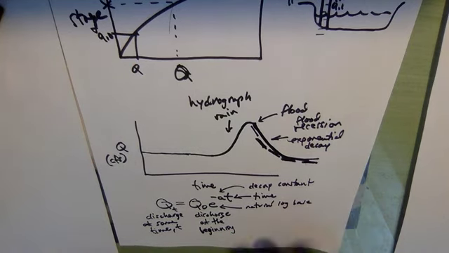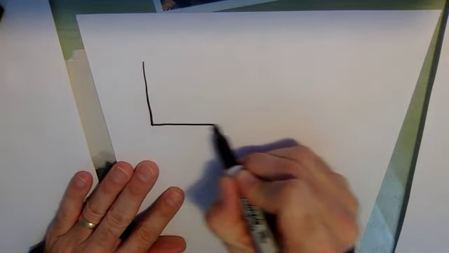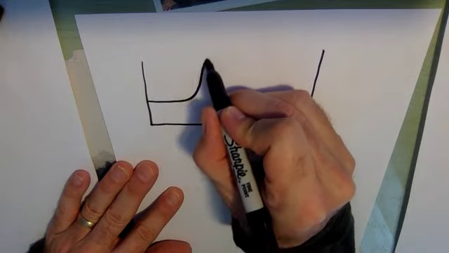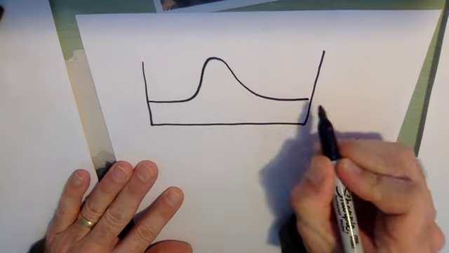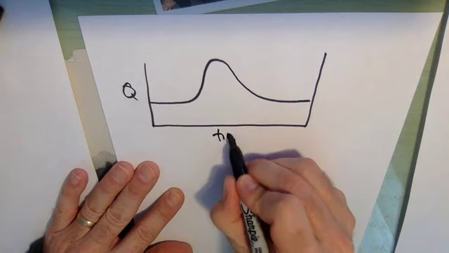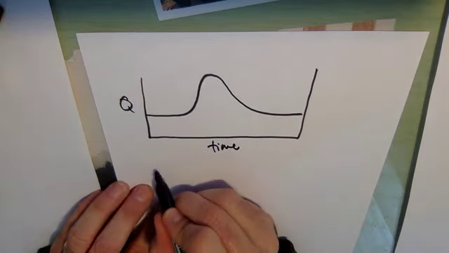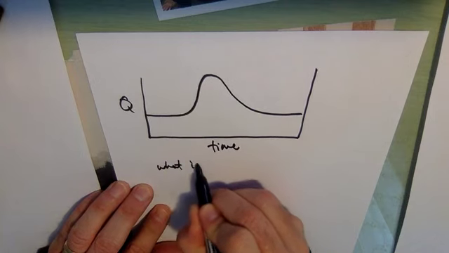Okay, so what we can do is experimentally derive A. So there's Q and there's time. And again, the way to think about A, what is A?